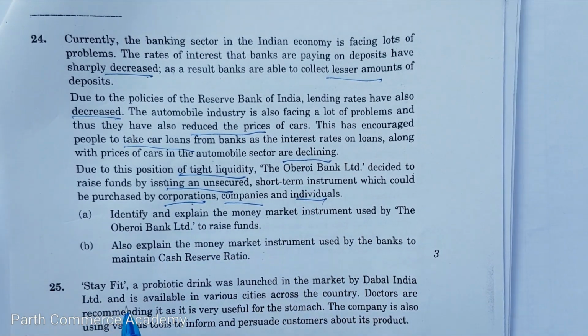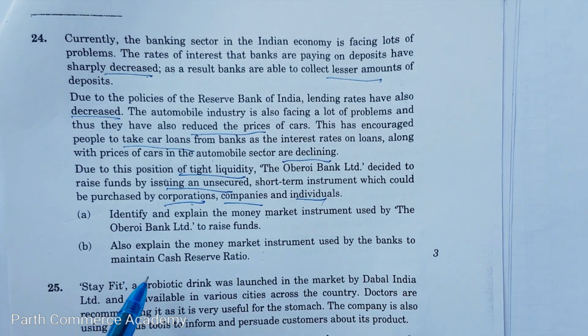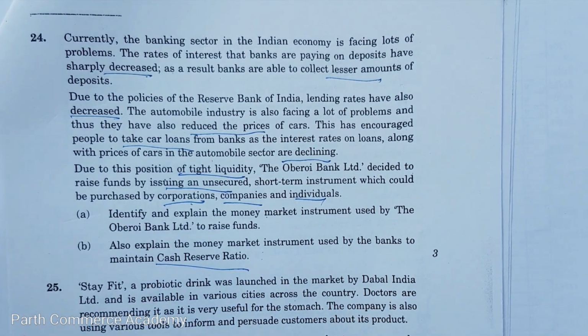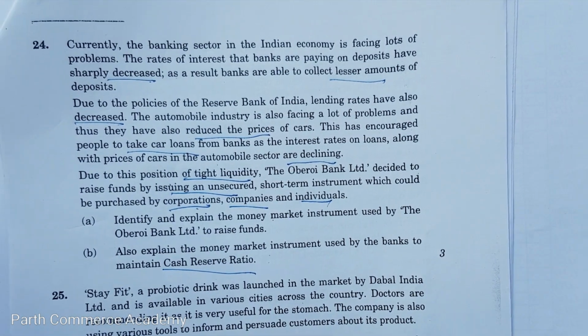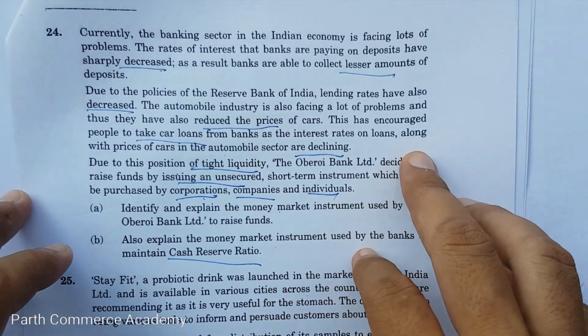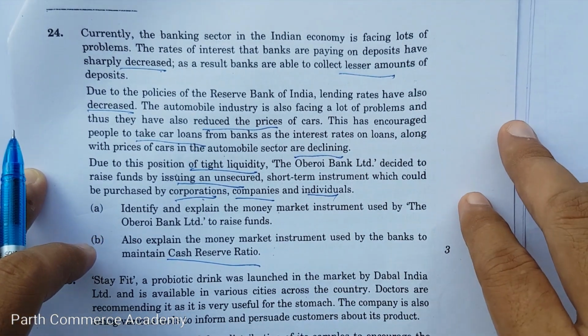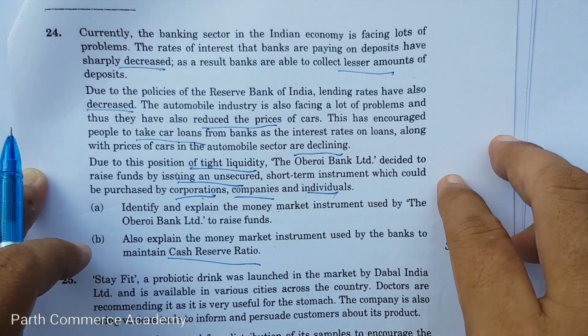Identify and explain the money market instrument used by the Oberoi Bank Limited to raise funds, and next also explain the money market instrument used by banks to maintain cash reserve ratio. So two questions are there. Here you can see everything in the economy is declining: interest rate is declining, deposits are declining, and prices of cars are also declining.